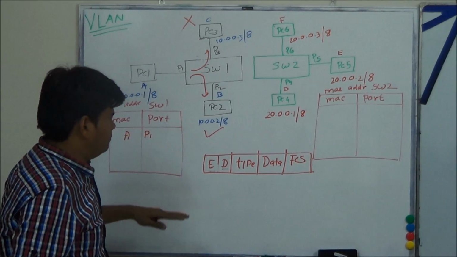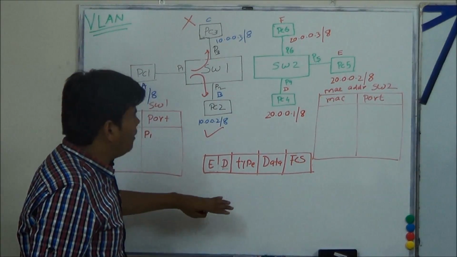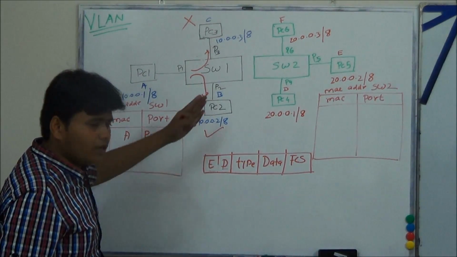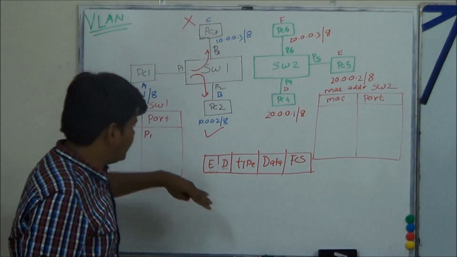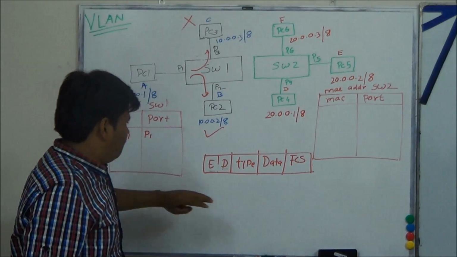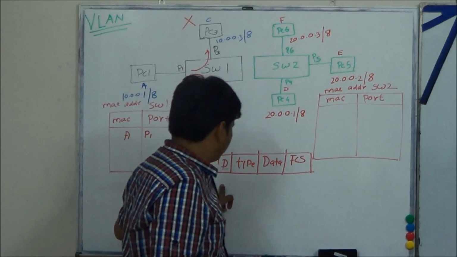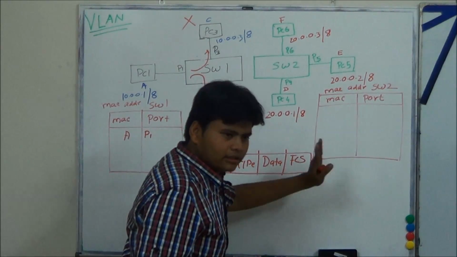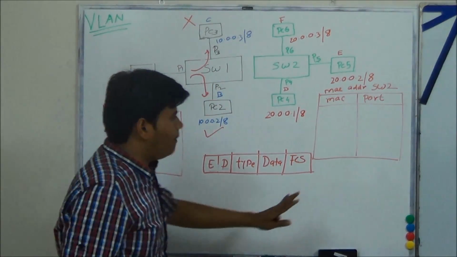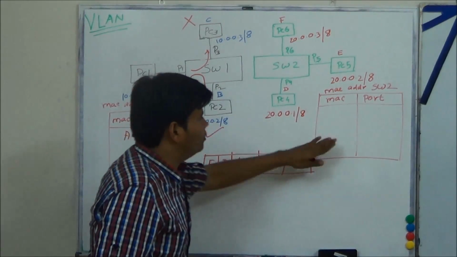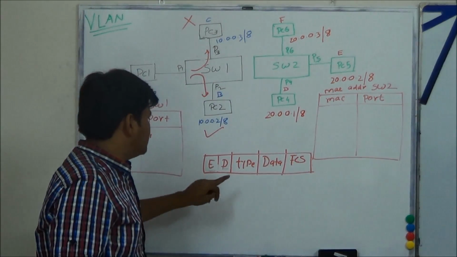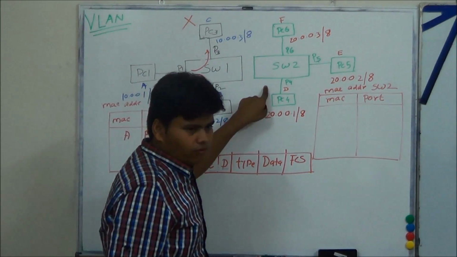Now the switch will receive that frame at port P4. Following the functioning of a switch, it will check the source MAC address of the frame, D, and compare it in its MAC address table. The MAC address table of switch 2 is empty, so it learns the MAC address D at port P4.